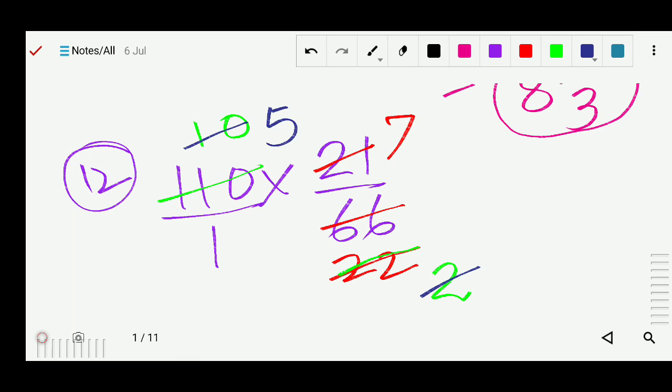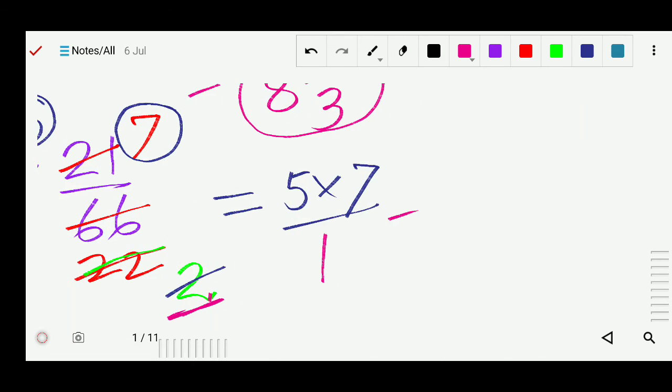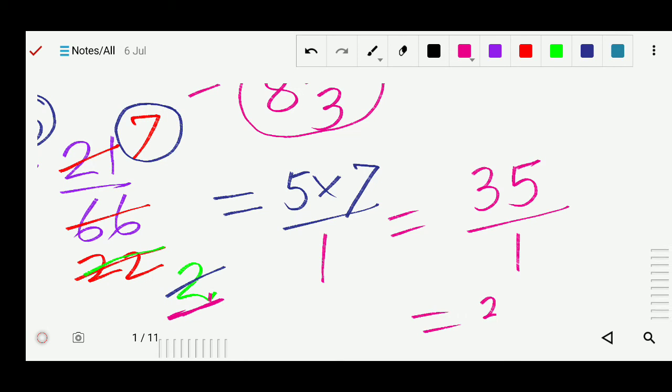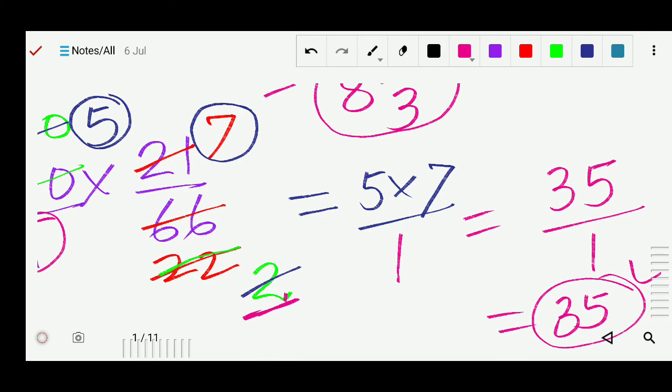You can see only 5 is there in the numerator, and here is 7. So 5 into 7, and in the denominator there is only 1. So 5 sevens are 35. So our answer is 35.